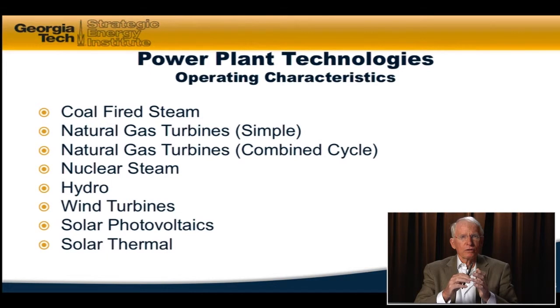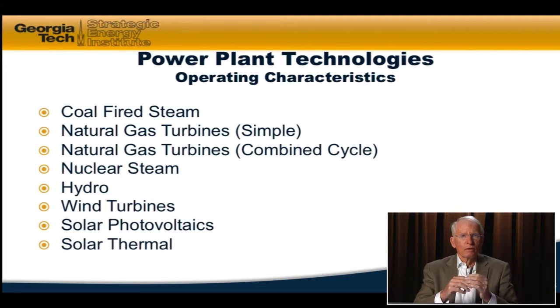The natural gas turbines combined cycle where the exhaust is still hot, of course, from the turbine, is used in a boiler to boil steam and is put through the same cycle that a coal-fired power plant uses, but this time rather than using coal to boil the steam in the Rankine cycle, you use the hot exhaust gases from the gas turbine.